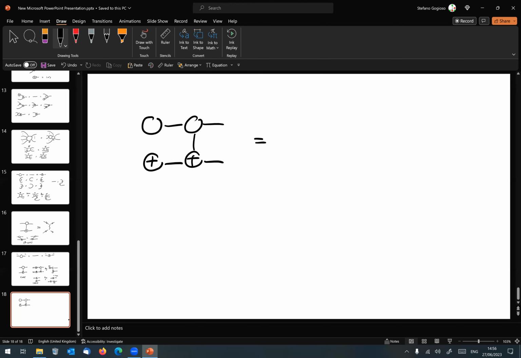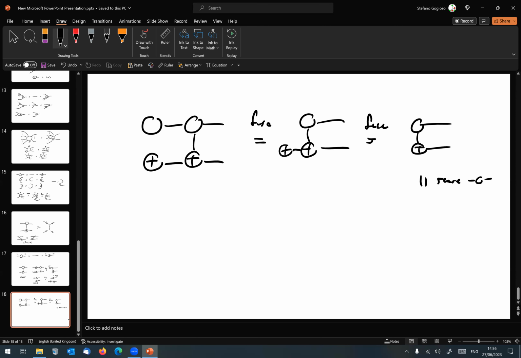Well, I fuse one of them, and I get something like this. I fuse the second one, and I get something like this. Then I remove the empty spider with one leg in, one leg out, so only two legs, and I get something like this.